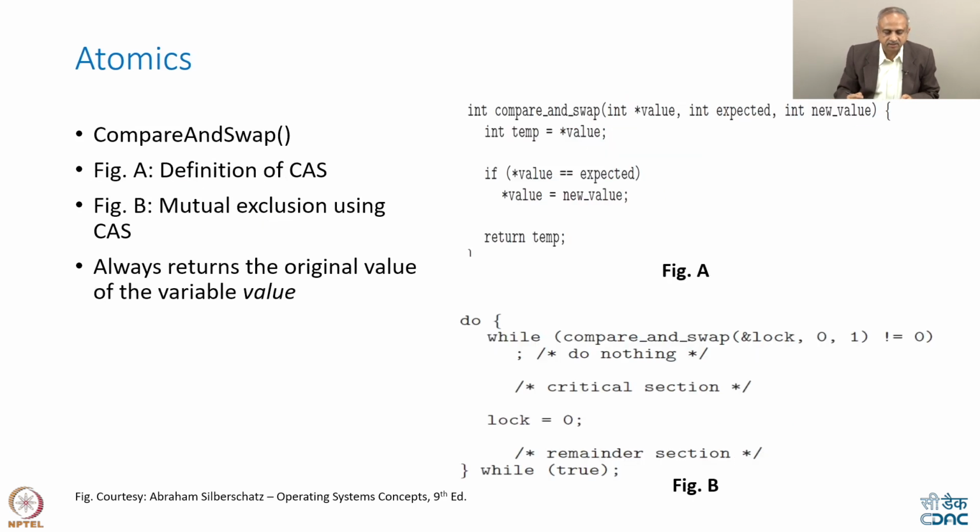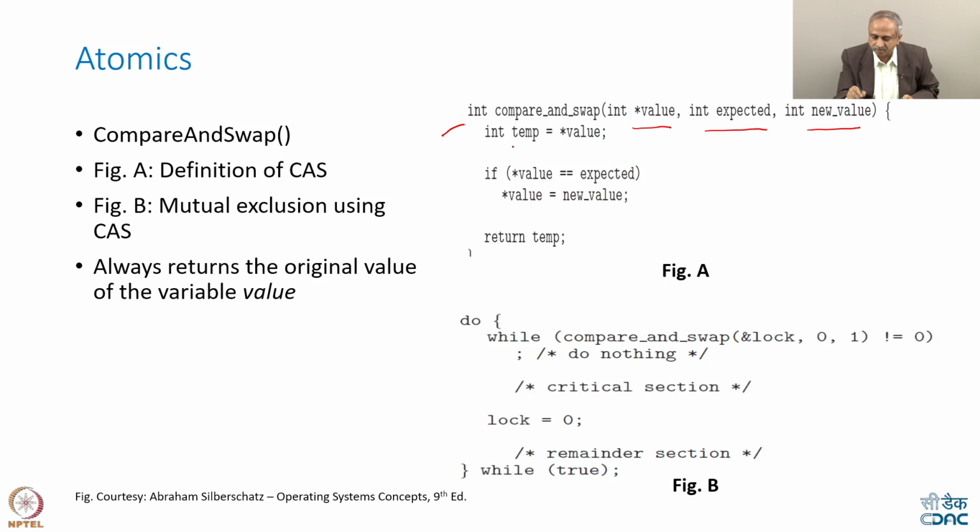Another example is compare and swap. In this case, if you look at this function, compare and swap returns an integer value, and it expects a value which is originally present, which is to be compared with an expected value passed by the calling function, and it takes a new value. So let us see how it works.